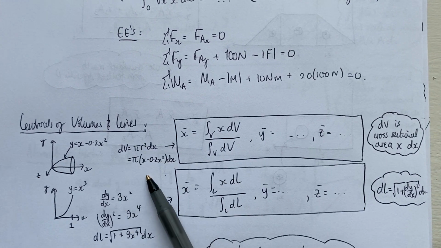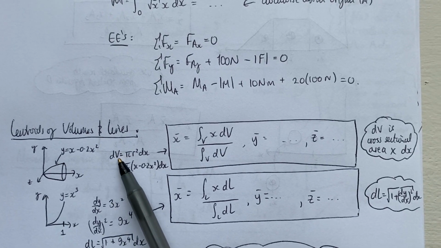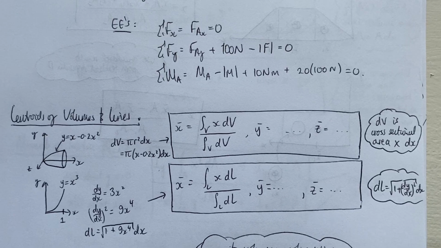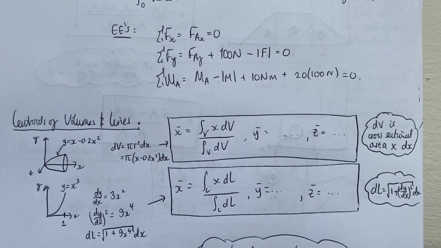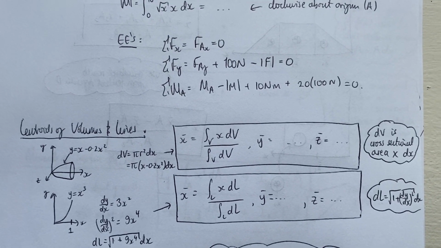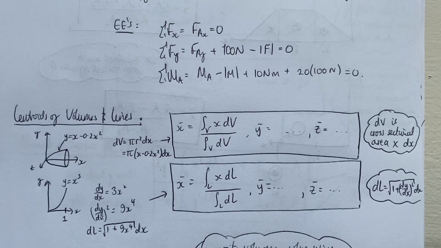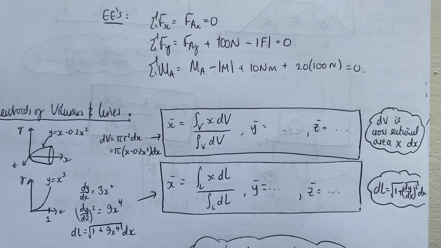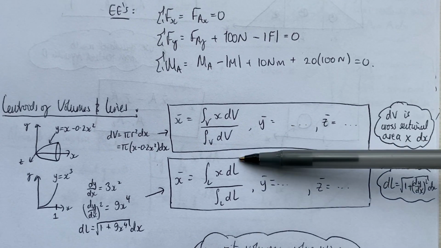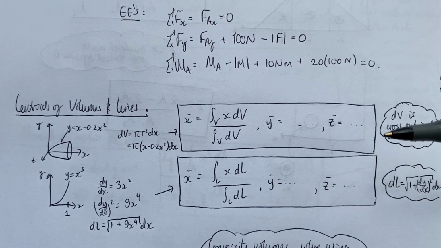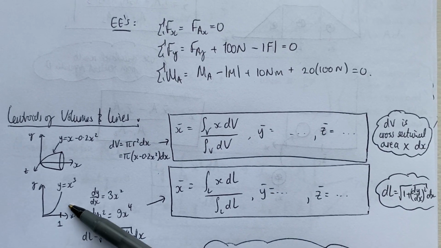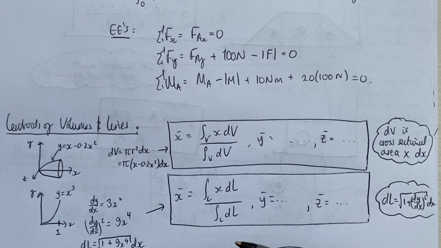The technique for solving a problem is exactly the same, apart from we're now dealing with dVs and not dAs, right? We have an extra degree of freedom, but the technique is exactly the same. When we're dealing with centroids of lines, again, very similar formulae, but this time we've got dLs floating around, where dL is the length of the line that we're trying to calculate the centroid of.